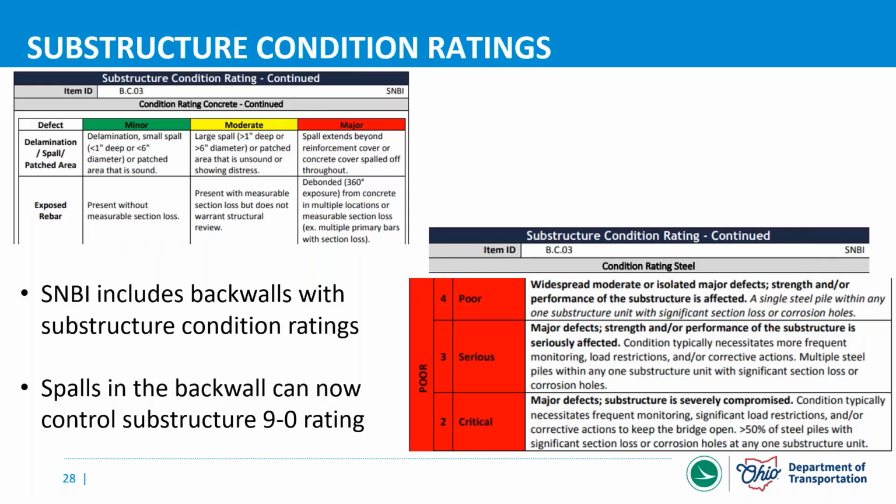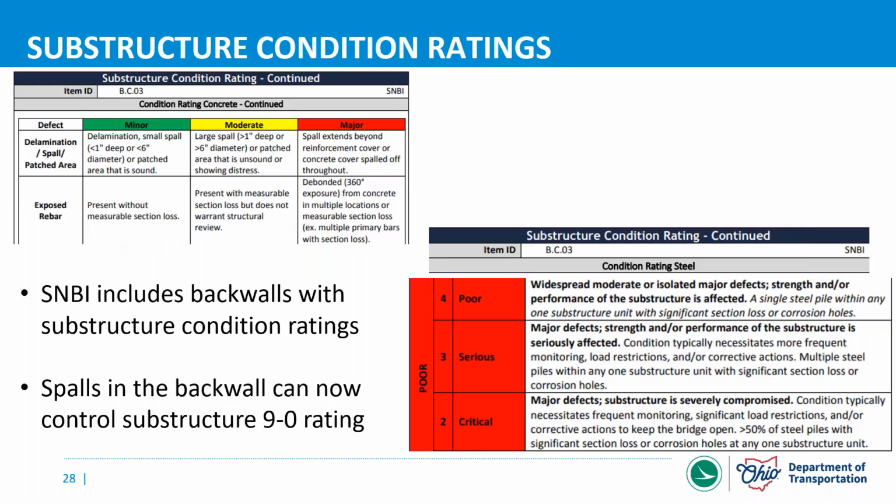Another thing too, for steel piles, we put a lot of that advanced component rating guidance for steel in the rating tables of the actual component that we're talking about. So either steel superstructures or steel substructures. So please make sure to look at that stuff in the manual.